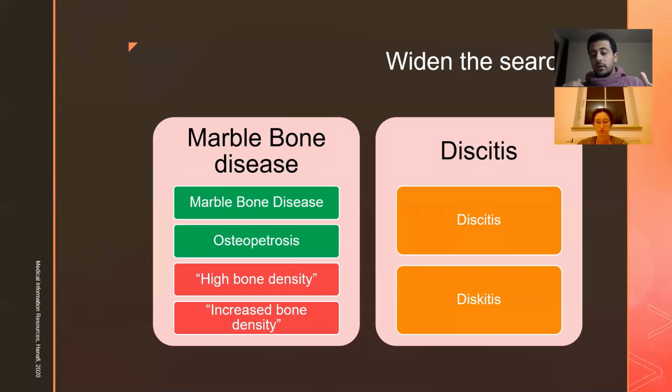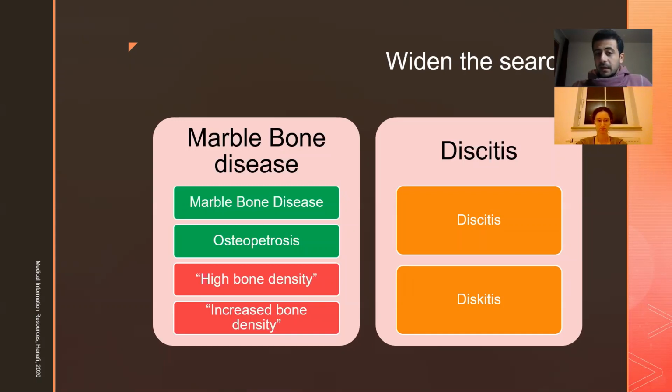Okay, however, are there studies that do not mention marble bone disease and osteoporosis as a disease? It also can be that they mention high bone density or increased bone density, okay? But high bone density and increased bone density are not mesh terms, okay? I searched them and they're not mesh terms because they are not a medical term, okay?